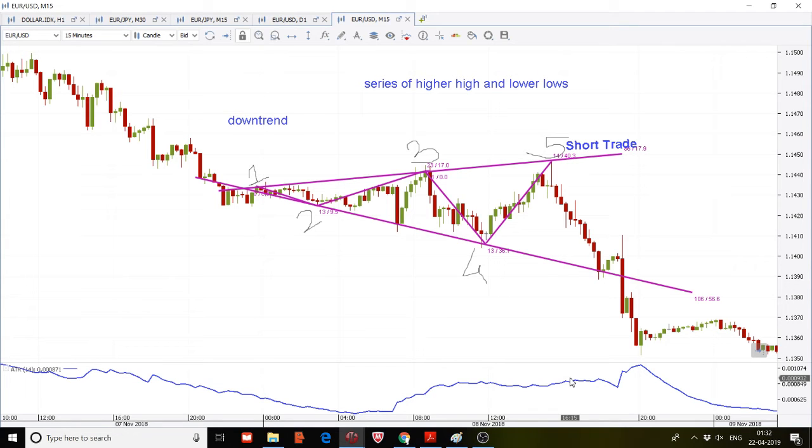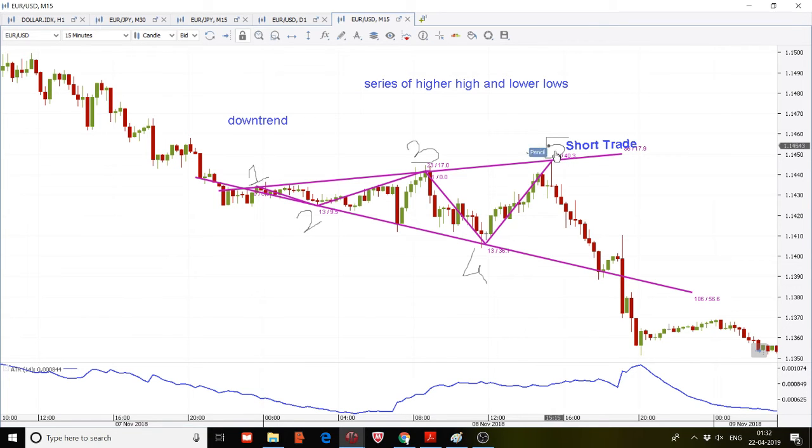So here it was having almost 10 to 15 pips range, and that is a very good stop loss. 15 pips stop loss or 10 pips, 20 pips stop loss is very good to follow.